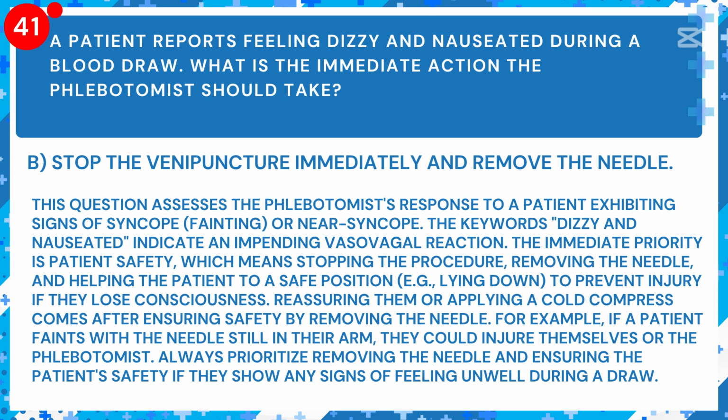Reassuring them or applying a cold compress comes after ensuring safety by removing the needle. For example, if a patient faints with the needle still in their arm, they could injure themselves or the phlebotomist. Always prioritize removing the needle and ensuring the patient's safety if they show any signs of feeling unwell during a draw.